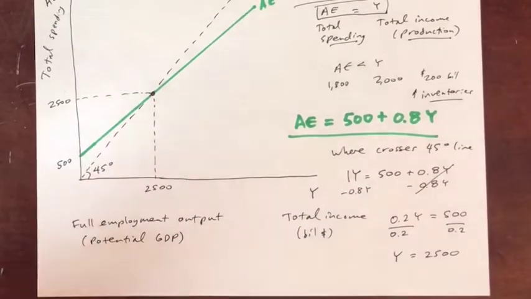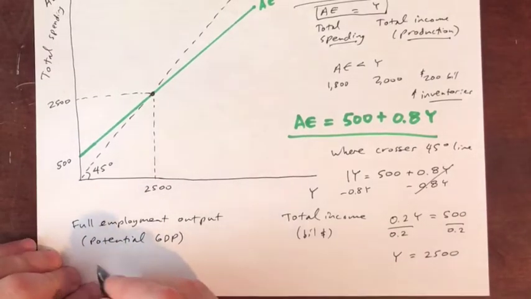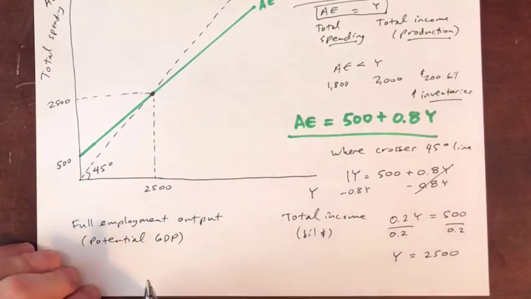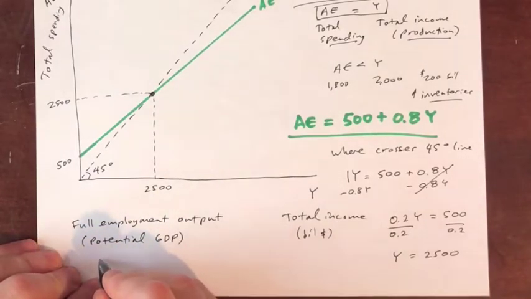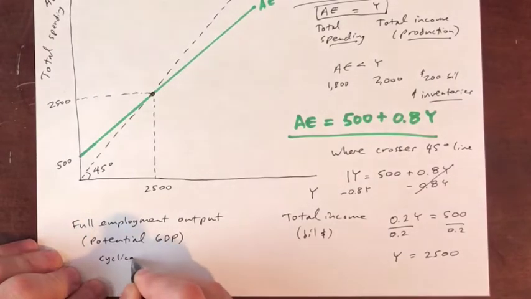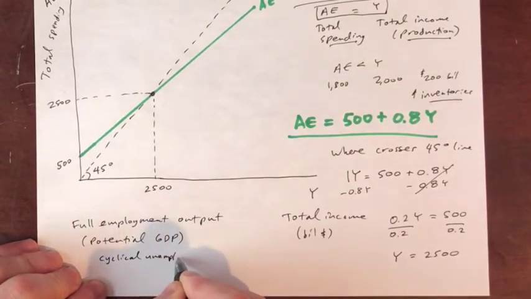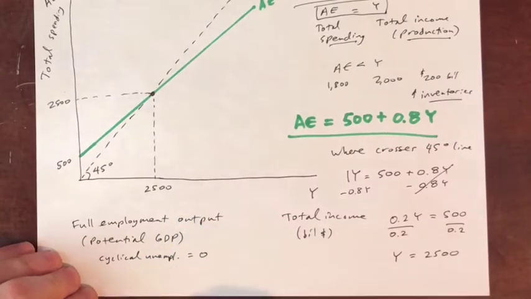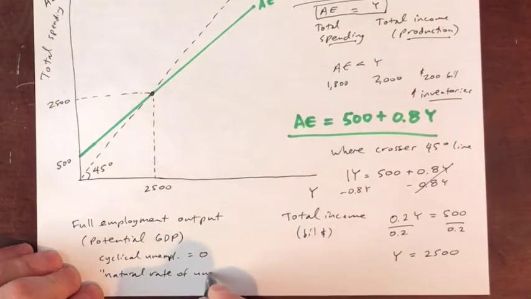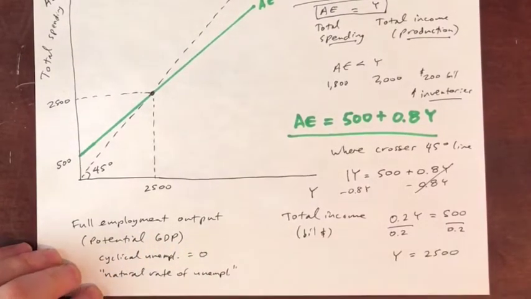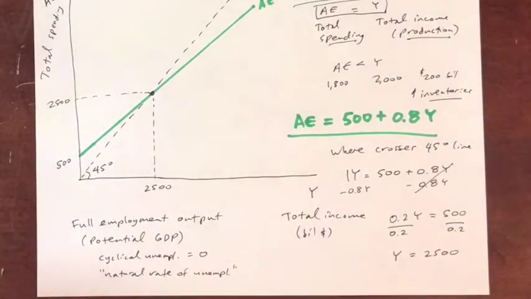Now, you may recall from our section on employment and unemployment that what this means is that we're at the minimum possible level of unemployment. So this means that cyclical unemployment is 0. This is also sometimes in the literature known as the natural rate of unemployment, the minimum possible level.